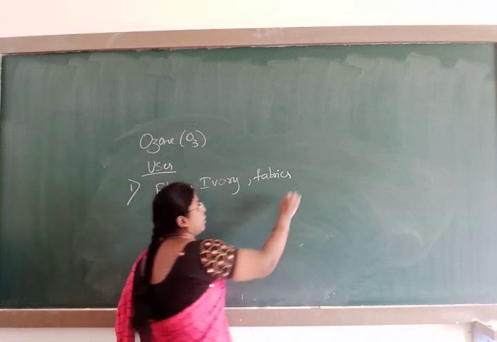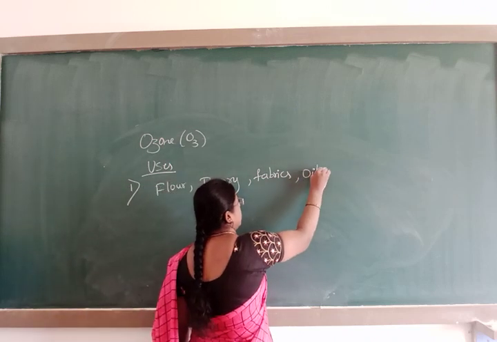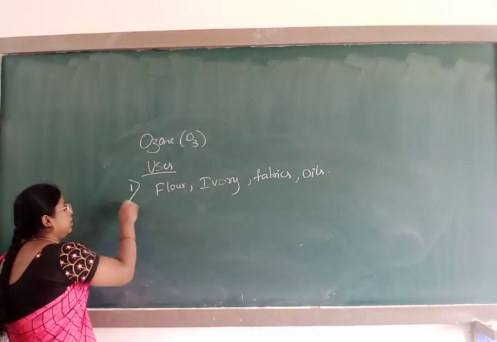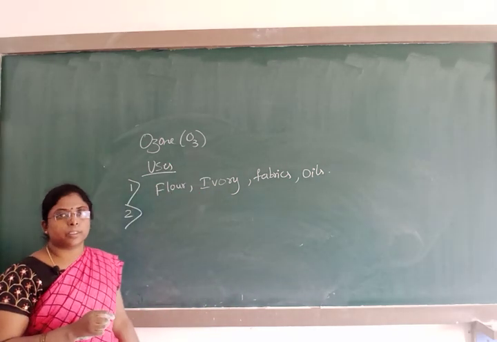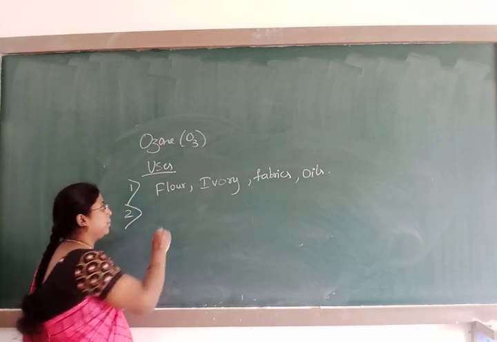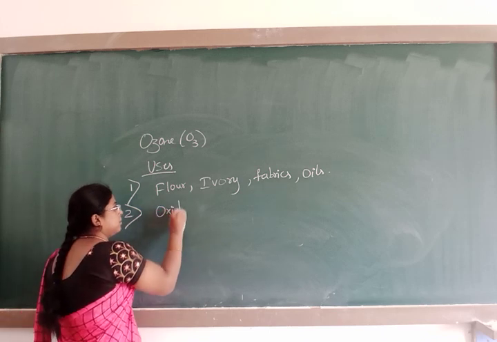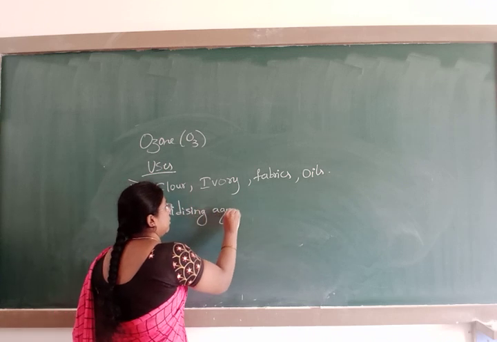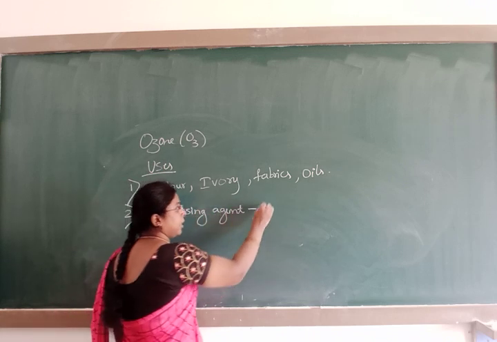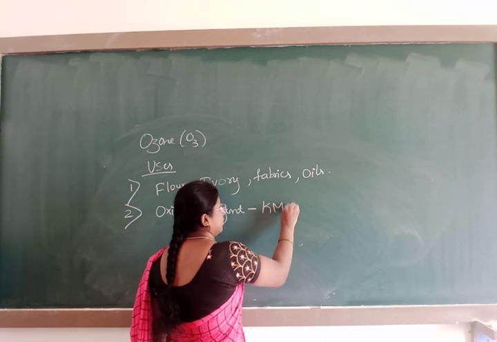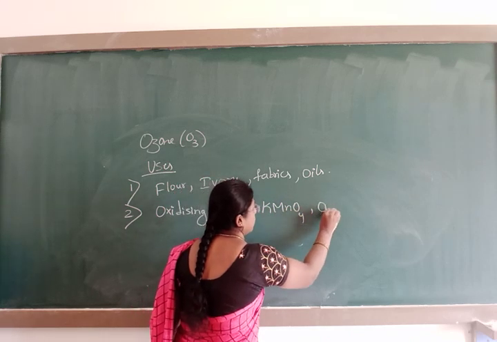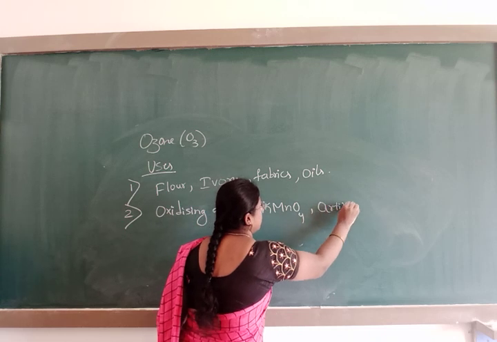Even in oils it is used as a bleaching agent. It is used as an oxidizing agent in the manufacture of KMnO4, as well as in the manufacture of artificial silk.